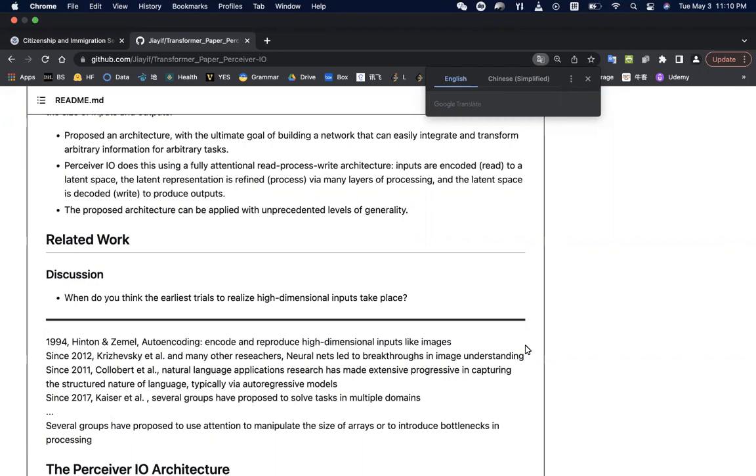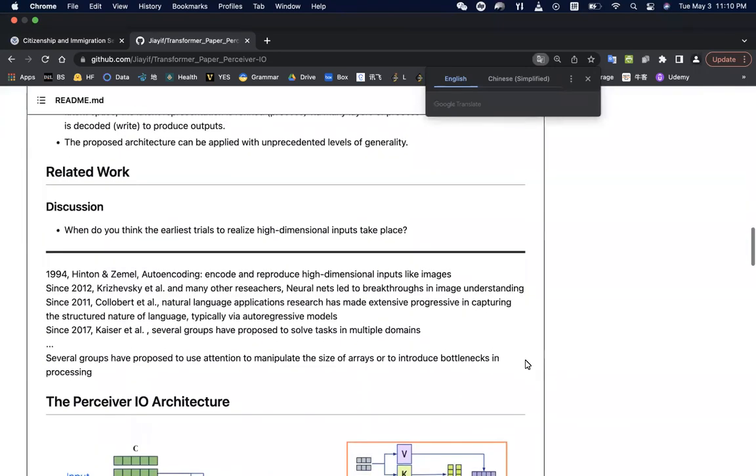Several groups have proposed using attention to manipulate the size of an array to introduce bottlenecks in processing. And since 2017, other groups have proposed solutions to solve tasks in multiple domains, which is similar to this one.